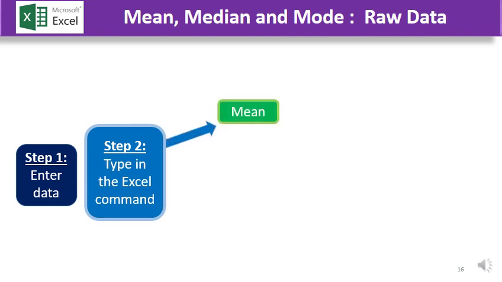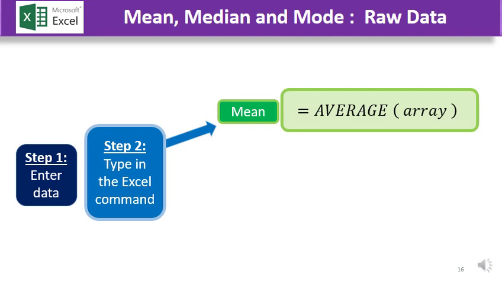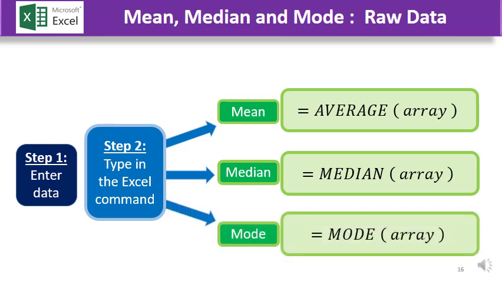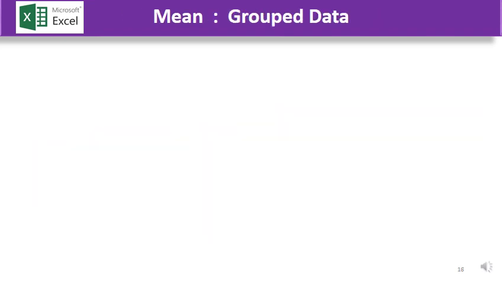To get the mean, we use equals average and then select your data array. To get the median, we enter equals median, select your array, and to get the mode, we just use equals mode with your array selected.